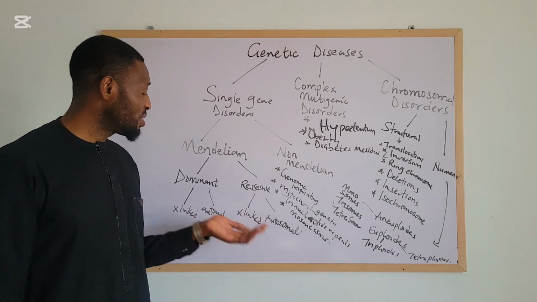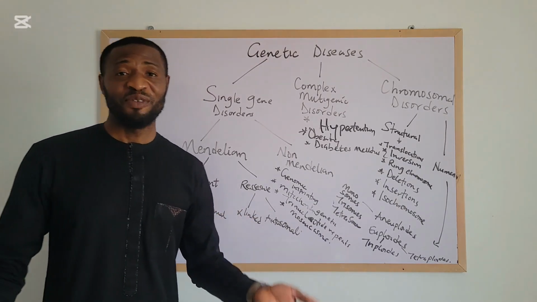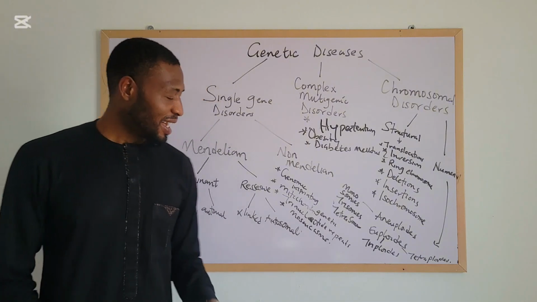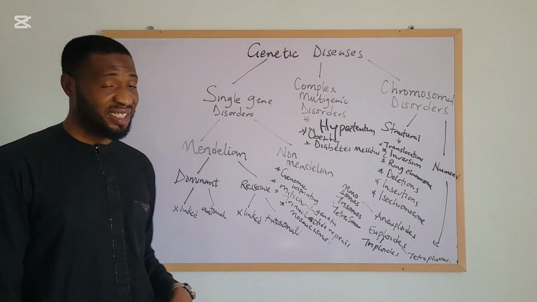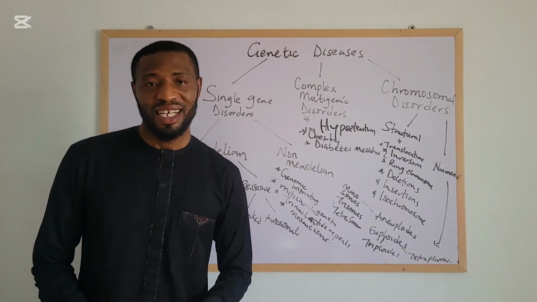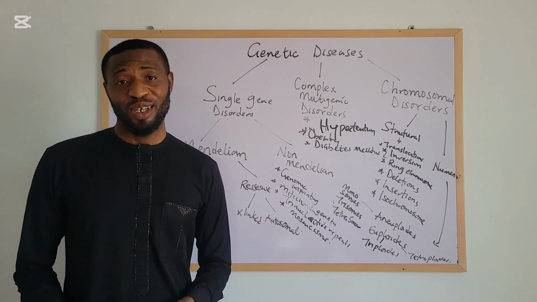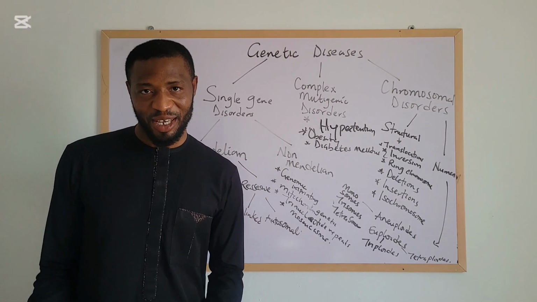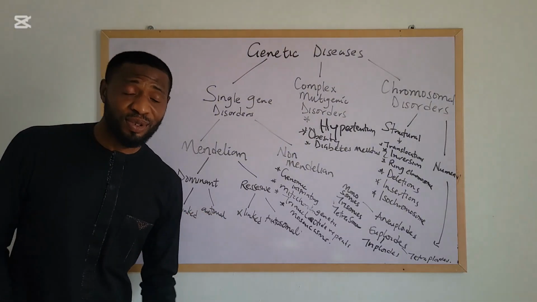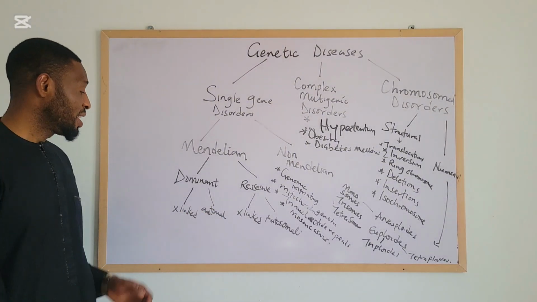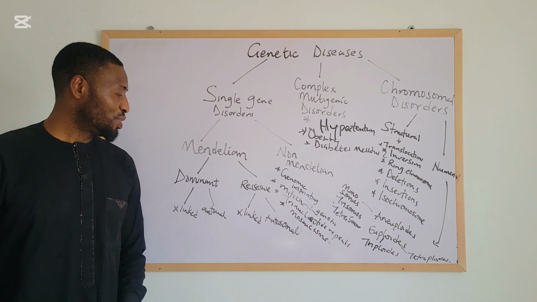Examples of autosomal dominant diseases include Marfan's syndrome. Examples of autosomal recessive diseases include sickle cell anemia. Examples of X-linked recessive diseases include hemophilia A. And examples of X-linked dominant diseases include Alport's syndrome.